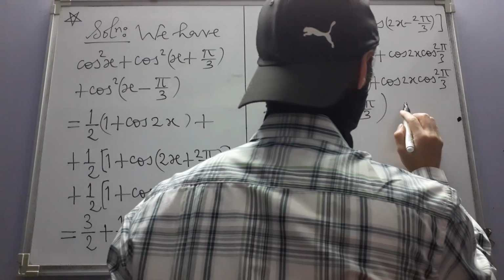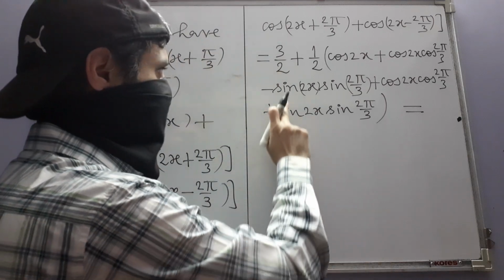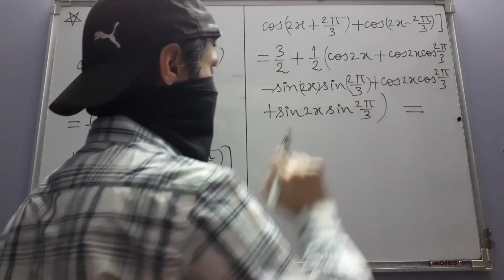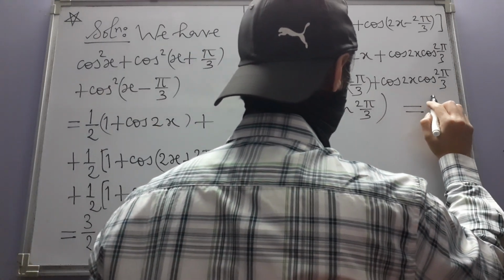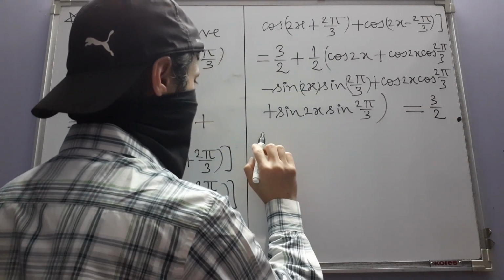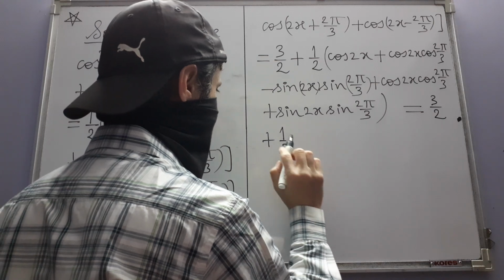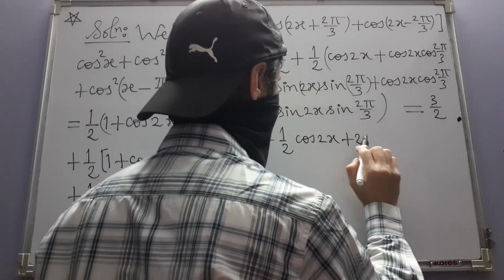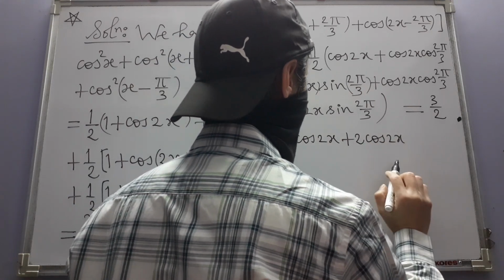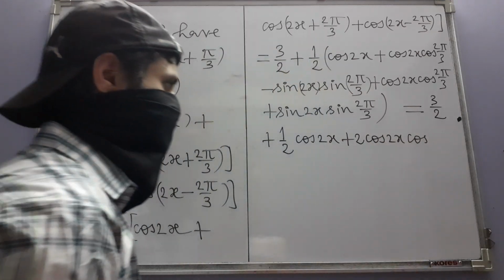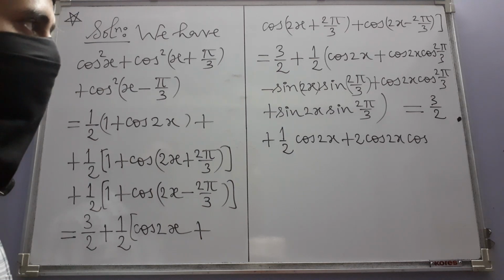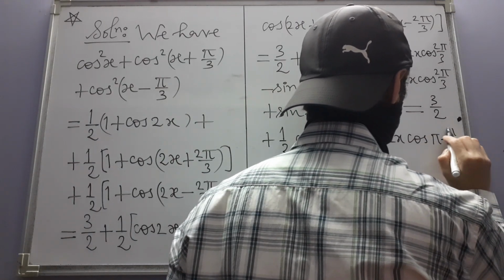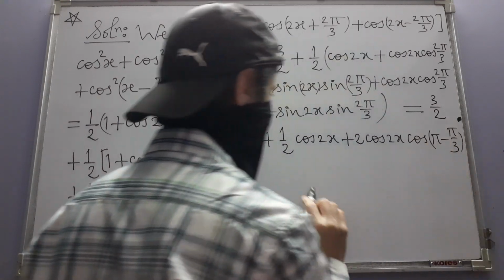Alright, so you can see that these two terms cancel out, and here you have 2 times of this. So that means this is 3 over 2 plus 1 over 2 times cos 2x plus 2 times cos 2x cos 2 pi over 3. Now we can write 2 pi over 3 like this also, pi minus pi divided by 3.